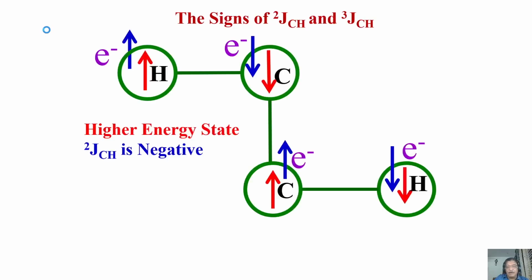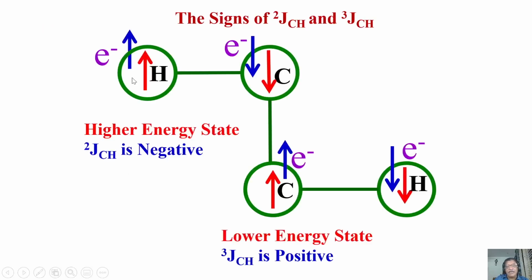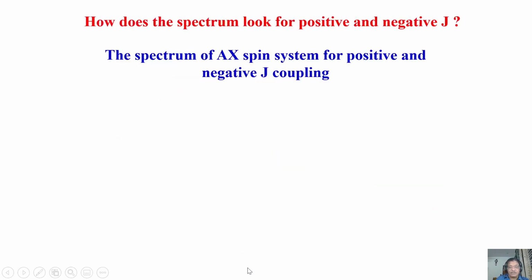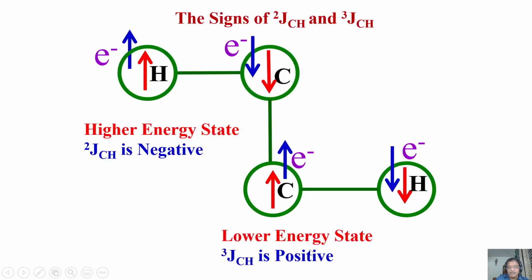Okay, and this is a low energy state, and JCH. I'm sorry, correct. HH was correct. 3 bond JHH. Okay, C to H, H to C, C to C, and then C to H. Okay, 3 bond JHH. This was correct. I should not have changed. Okay, 3 bond JHH is positive.